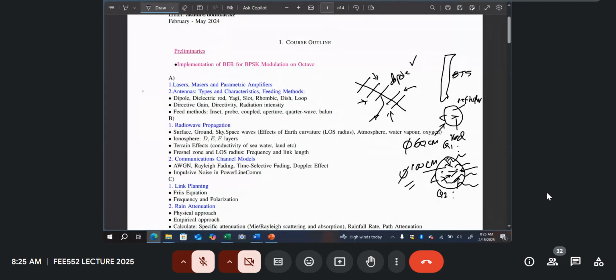So anyway, those are the learning areas for you this semester. We'll be drawing the antenna types, and then we discuss principle of operation and the application areas in the market. And the discussion will be driven by certain parameters like the directive gain. So we need to define what directive gain is, directivity, and radiation intensity.